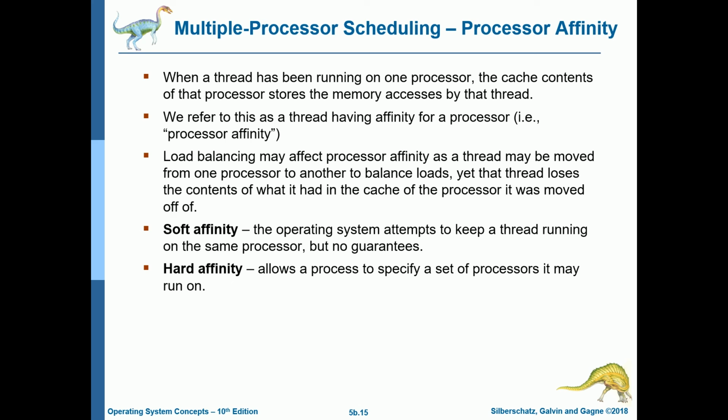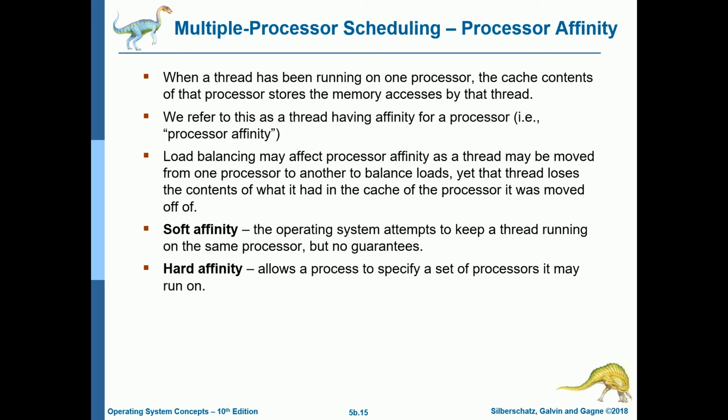Now let's consider what happens to cache memory when a thread has been running on a specific processor. The data most recently accessed by a thread has populated the cache for that processor. As a result, successive memory accesses by that thread are often satisfied in cache memory. Now consider what happens if the thread migrates to another processor, say due to load balancing.